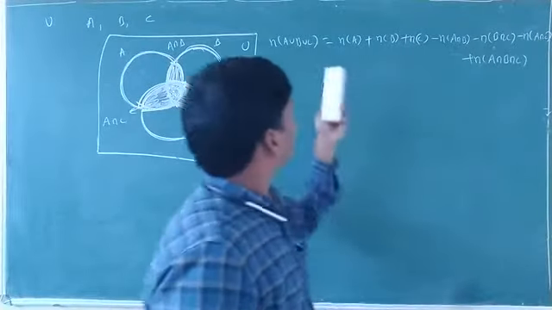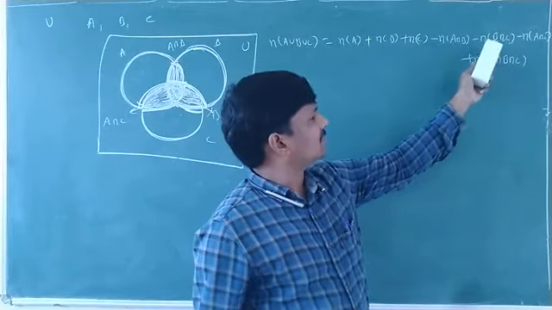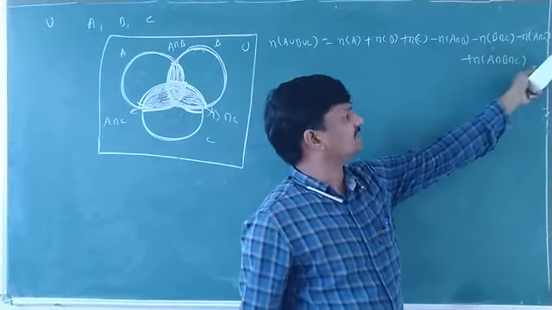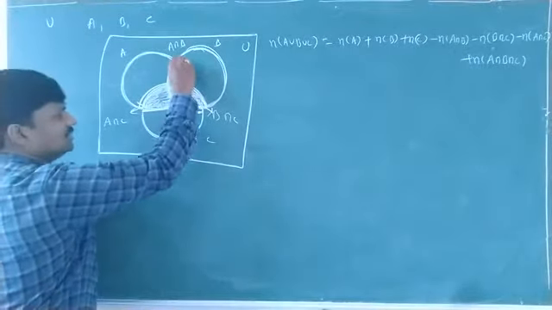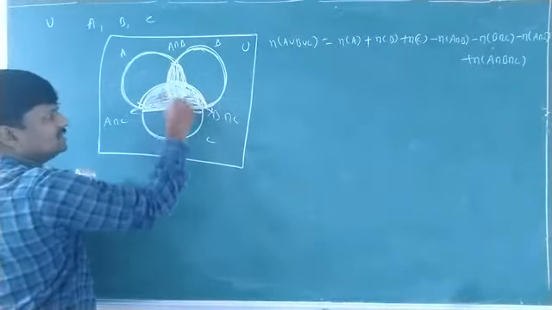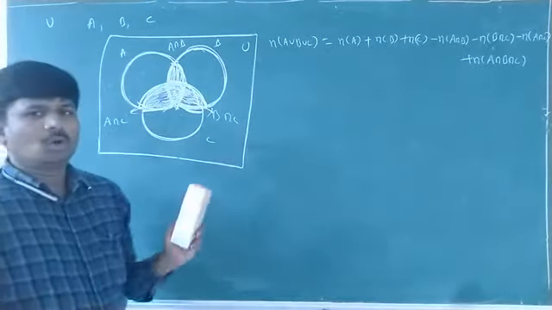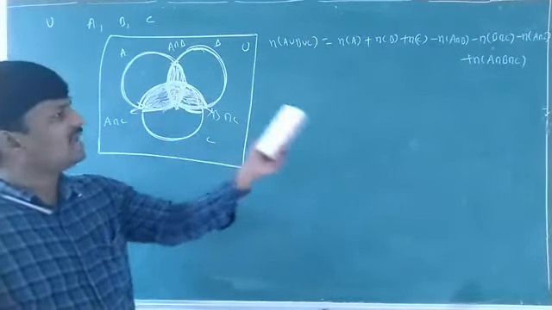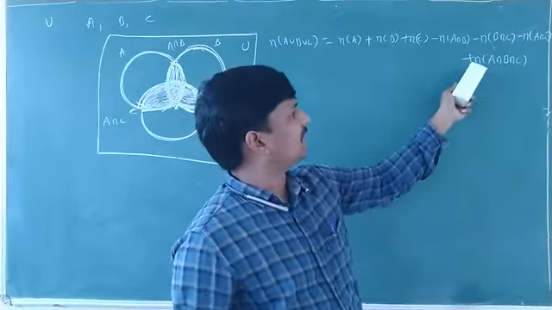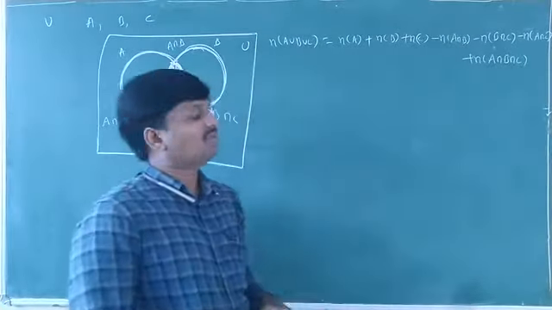That means number of A plus number of B plus number of C minus A intersection B, minus number of B intersection C, minus number of A intersection C. When you subtract these, the central intersecting part is removed totally. That part should have been taken once, so I am adding number of A intersection B intersection C. You have to remember the formula like this.